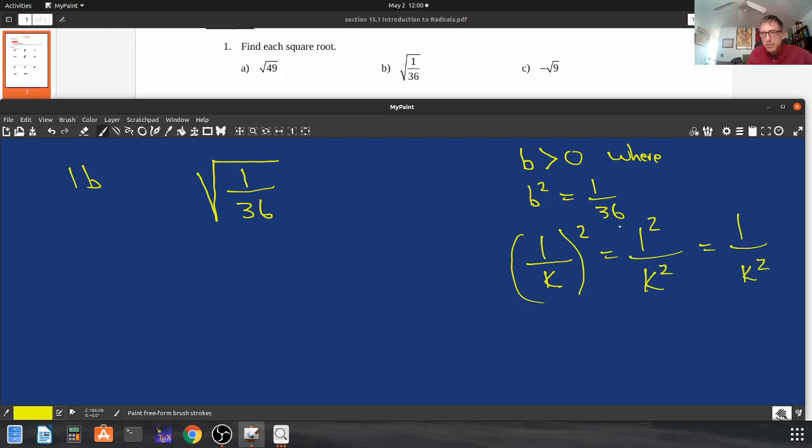So this problem reduces to finding some number k greater than 0, where k squared is equal to 36. And clearly, if I let k be equal to 6, then k squared is equal to 36, and the answer then is 1 over 6.